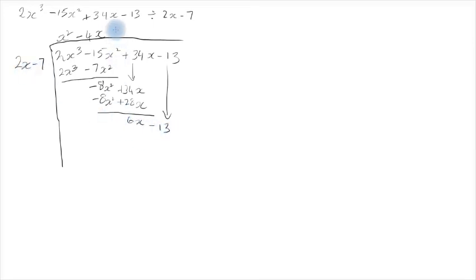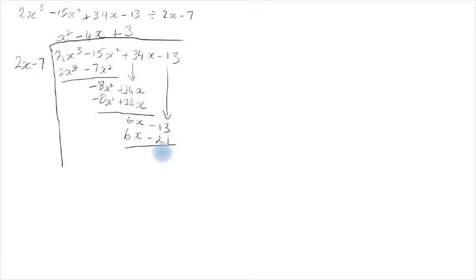There is 3 of them. 3 times 2x minus 7 is 6x, 3 times minus 7 gives me minus 21. Do a subtraction again. 0 here. Minus 13 minus a negative 21 is like minus 13 plus 21, which gives 8.